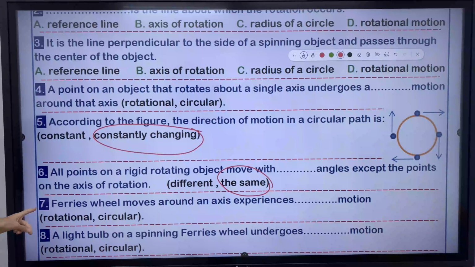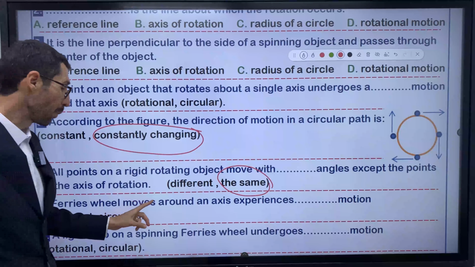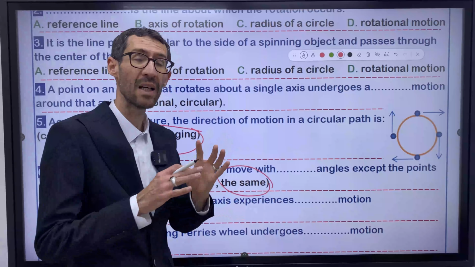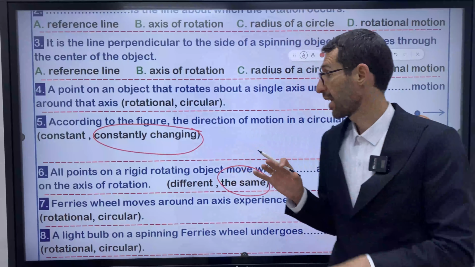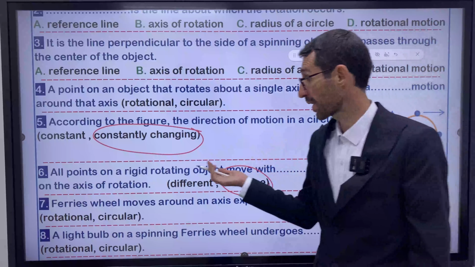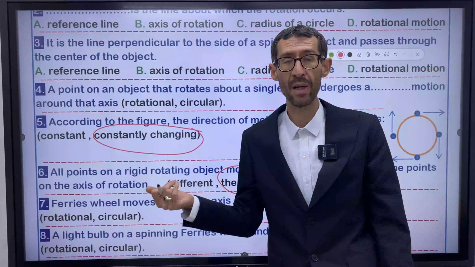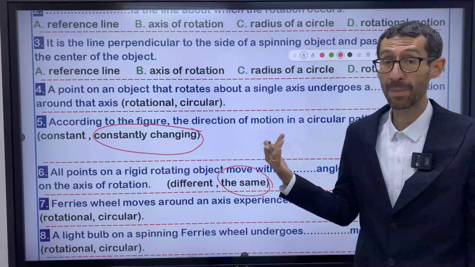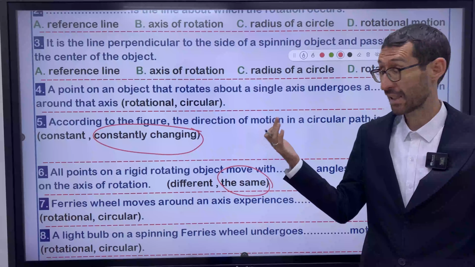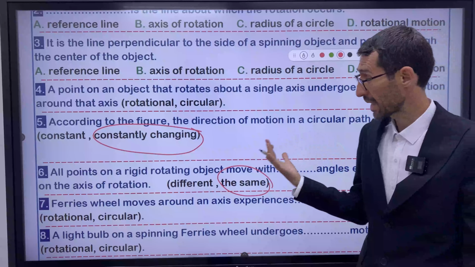Question number 7. Ferris wheel moves around an axis. The question does not mention, for example, a point on a Ferris wheel, or a light bulb on a Ferris wheel, or a participant in this play.